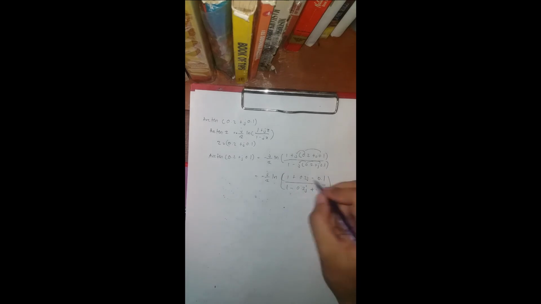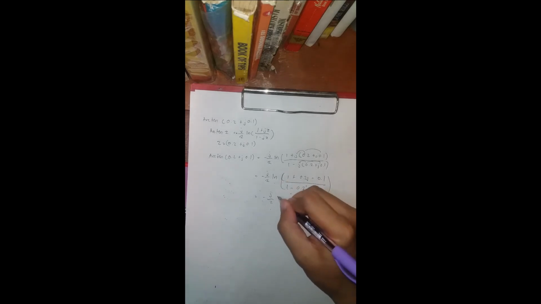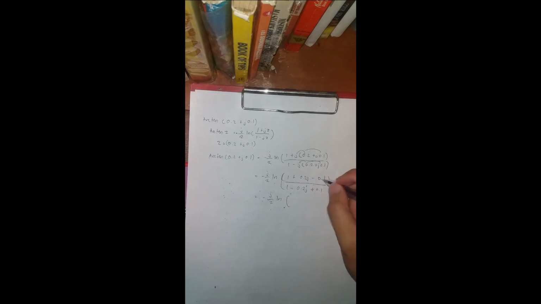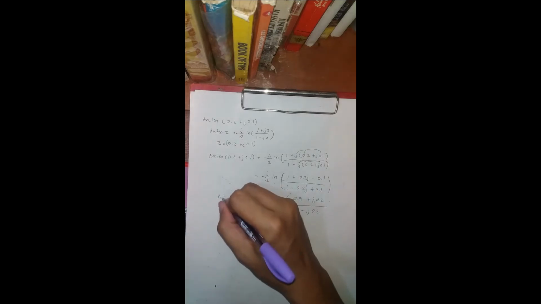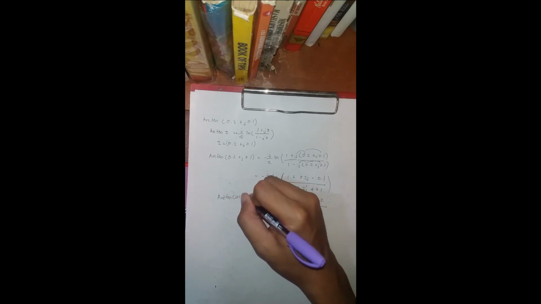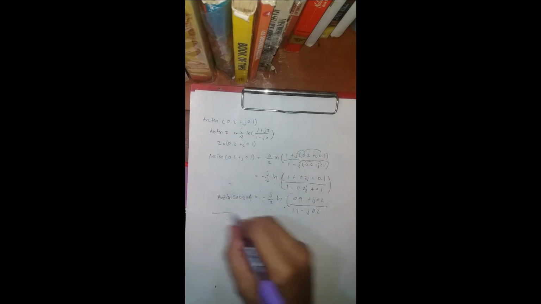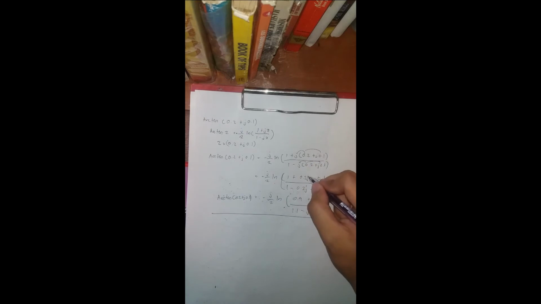Then we just simplify, so negative j over 2 ln. So 1 minus 0.1 will be 0.9 plus j 0.2 all over 1 plus 0.1, that will be 1.1 minus j 0.2. And this is our final answer. Sorry for this, it should be right here, but still the same answer.